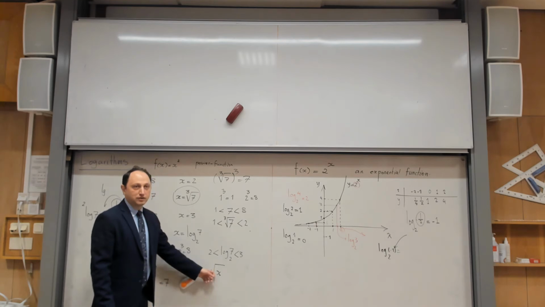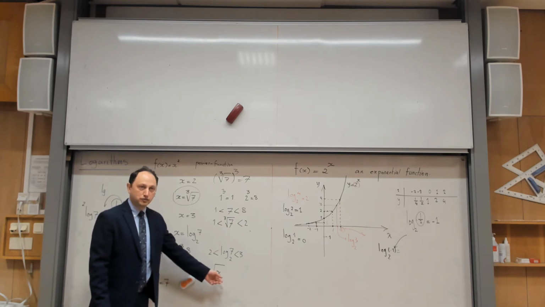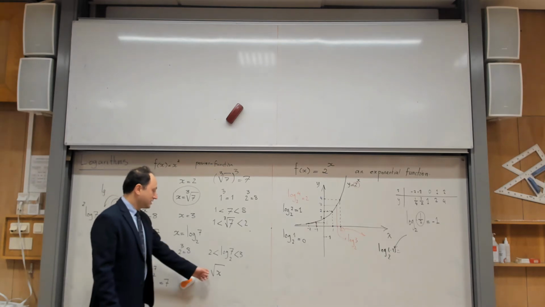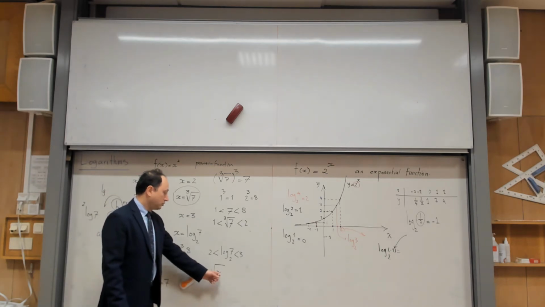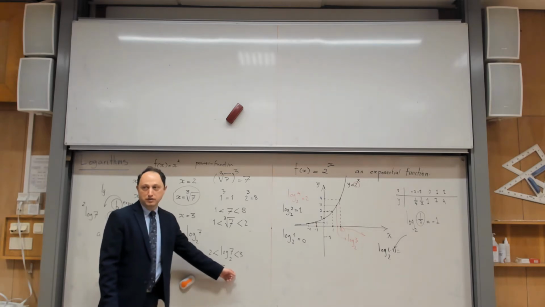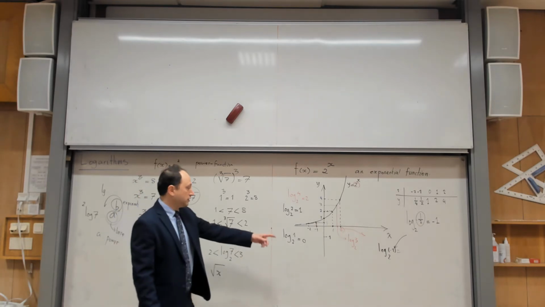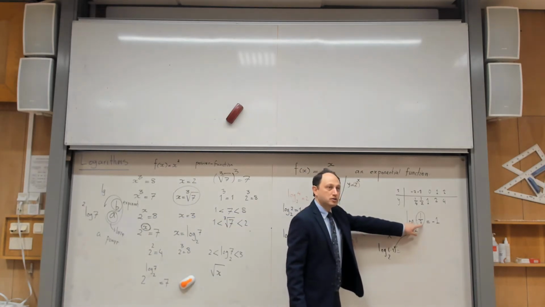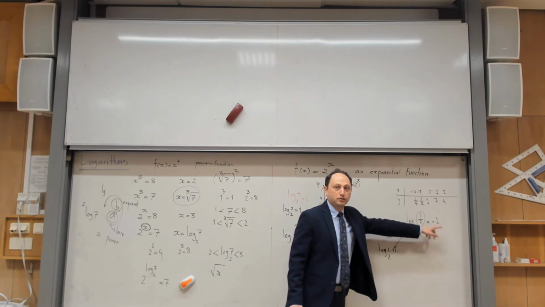What is the similarity? We cannot put negative numbers in either. What is the difference? If I put a positive number here as an input, I will get a positive number as an output. But in a logarithm, even if I put a positive number, sometimes I get a negative output.